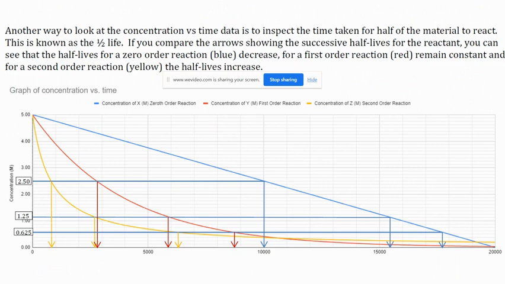Okay? So you can only use the equation on your equation sheet for half-life for a first order reaction. There are other equations for other orders out there, but they don't apply to AP Chem. So you're not going to worry about muddling your brain with that extra stuff right now.